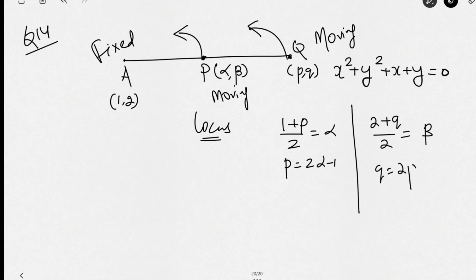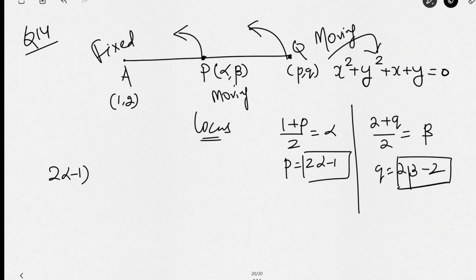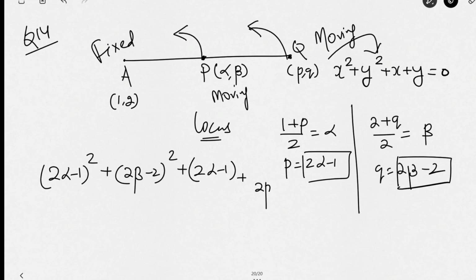And when this point is there, and we know this is lying on this curve, so we need to just substitute: 2 alpha minus 1 square plus 2 beta minus 2 square plus 2 alpha minus 1 plus 2 beta minus 2 equals 0.